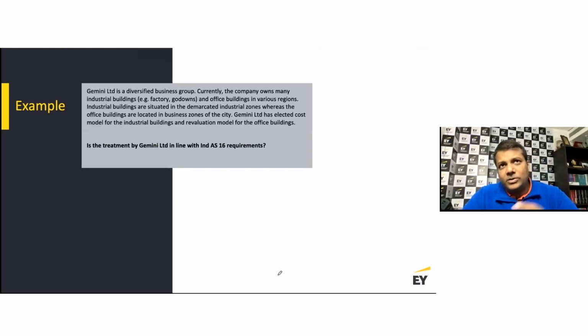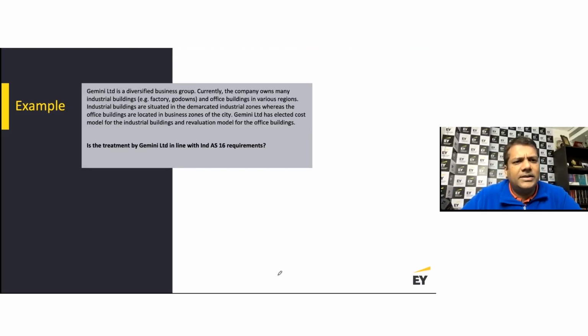But when you look at the class of asset, it's a narrow, not a very wide concept. It's not that all buildings will be one class. You can actually make different classes within buildings, depending upon their nature and type. That's what this example is trying to illustrate.